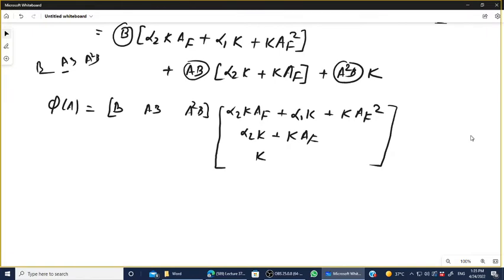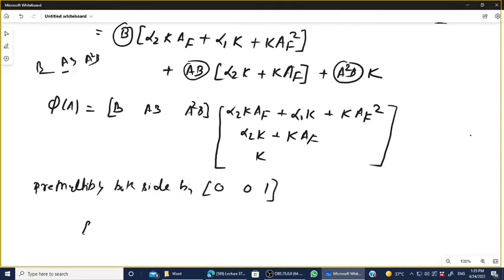So when you multiply, this term will be 0, the dominance of this term will be 0. And how will it come 0? So pre-multiply both sides by the matrix 0 0 1.